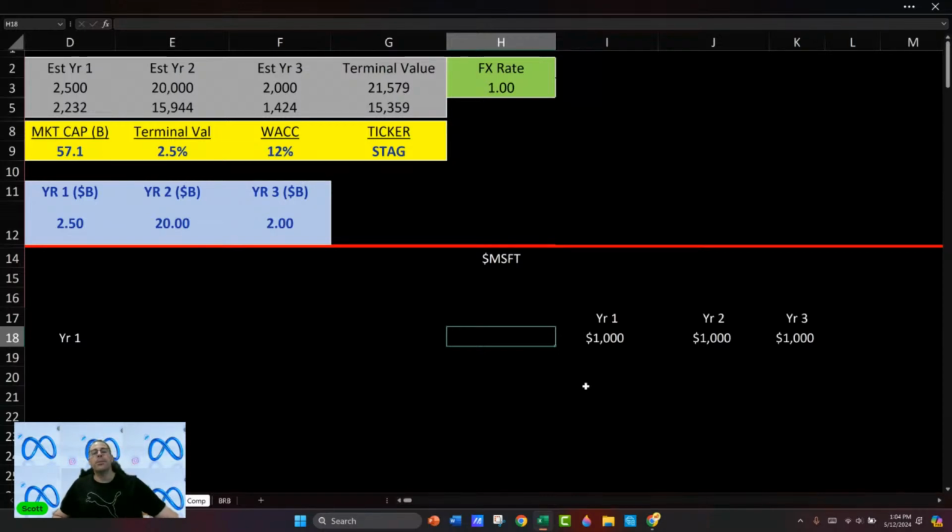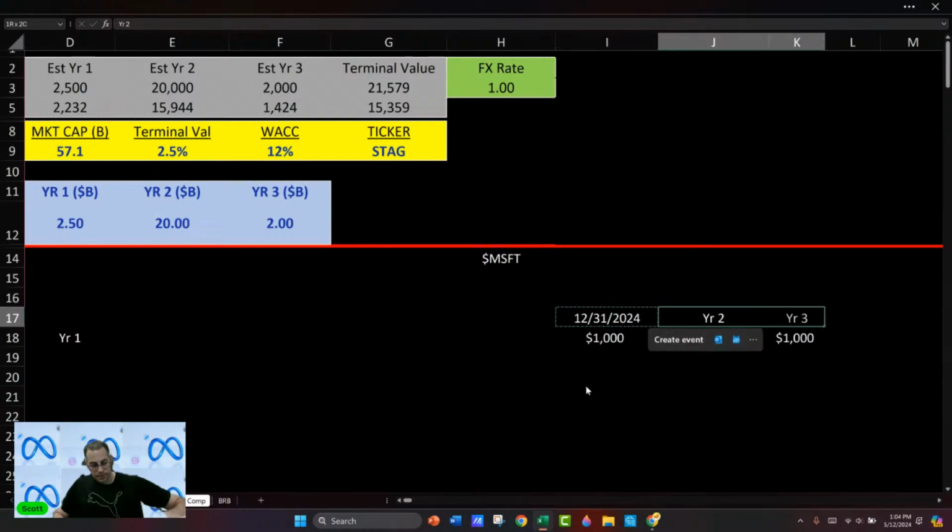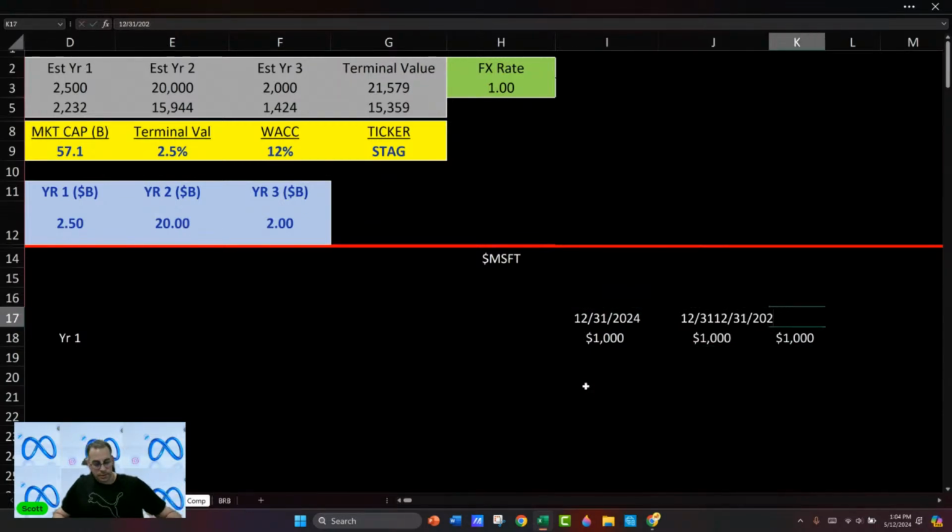So how much would I have to pay in order to receive this? Let me put the dates. If you understand how bonds work, a DCF is pretty straightforward.